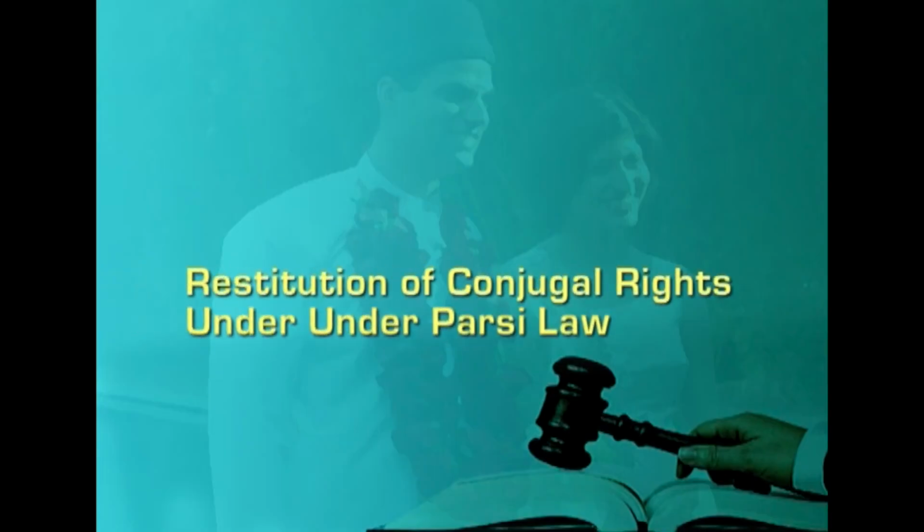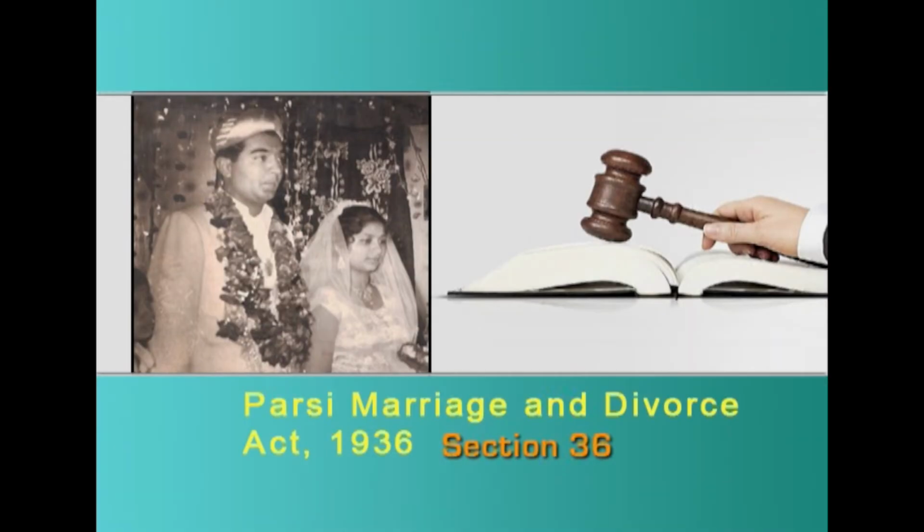for RCR. Under Parsi law, Section 36 of the Parsi Marriage and Divorce Act 1936 deals with the restitution of conjugal rights. When either party to a Parsi marriage is deserted or is deprived of cohabitation by the other party without a lawful cause, such an aggrieved party may sue for RCR.